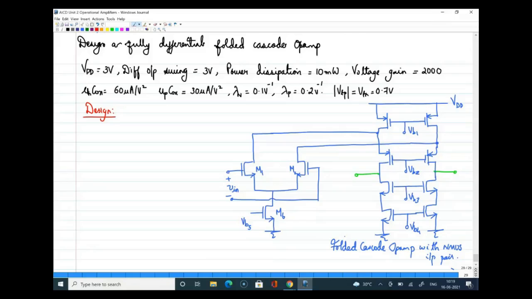The confusion may arise when we say the input pair is NMOS for a folded cascode version. The meaning is that the folded cascode op amp input is an NMOS input pair. It is not that the telescopic will have it and we need to go for a folded cascode version of that. If the architecture is mentioned as folded cascode and the input pair is mentioned as NMOS, the meaning is that the folded cascode version of the op amp will have NMOS input transistors. That is what you need to understand.